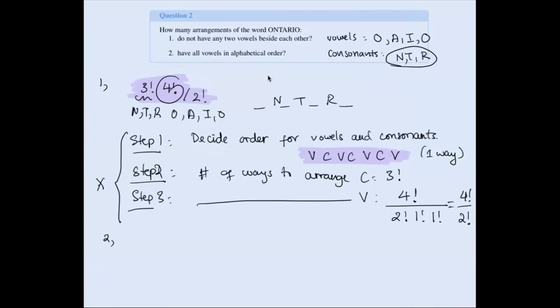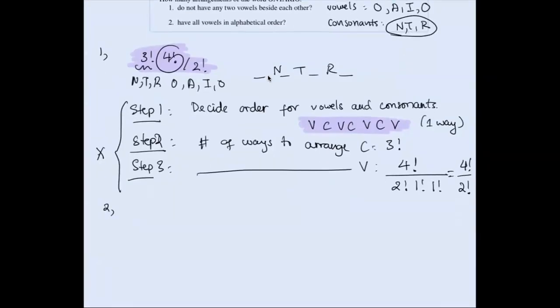How about part 2? We want all vowels to be in alphabetical order. However, they can be next to each other or they can be separate. I got 60. How do you get it? I did a similar thing. This time I arranged the vowels first.